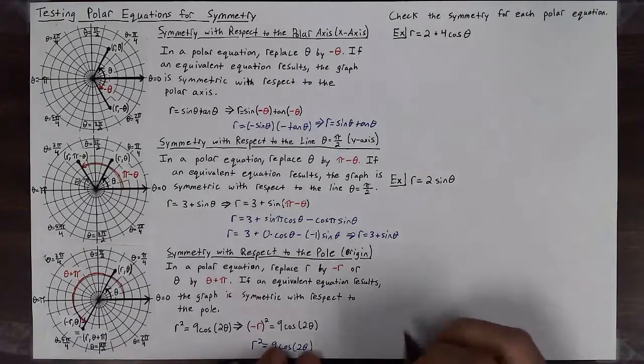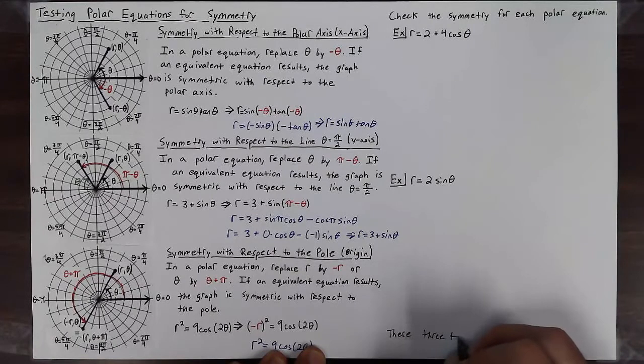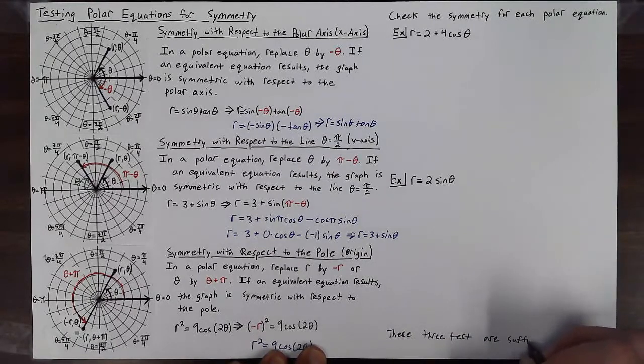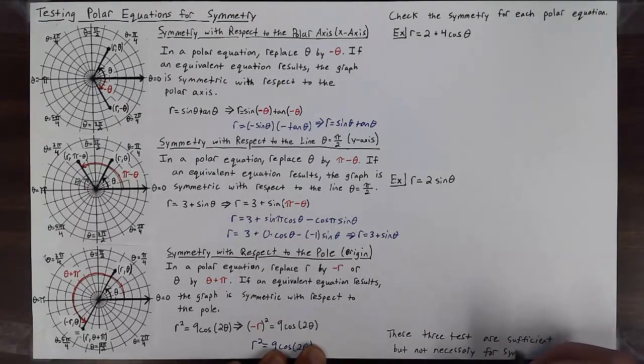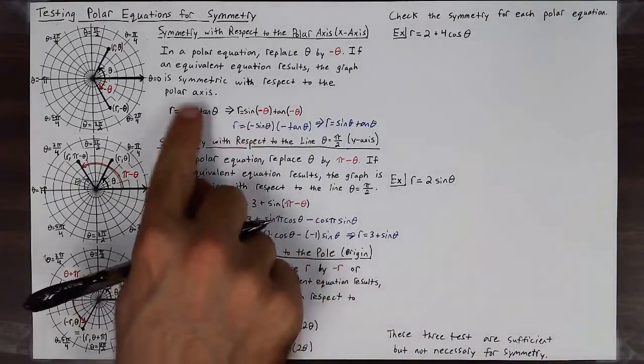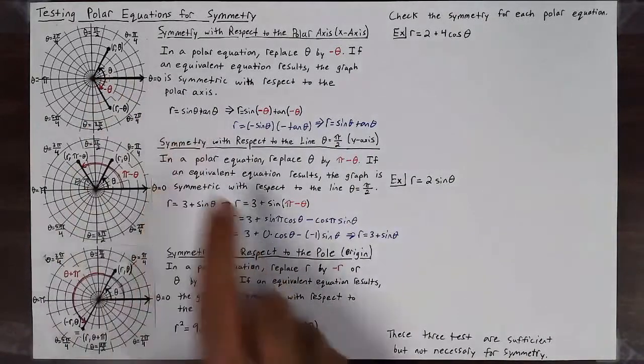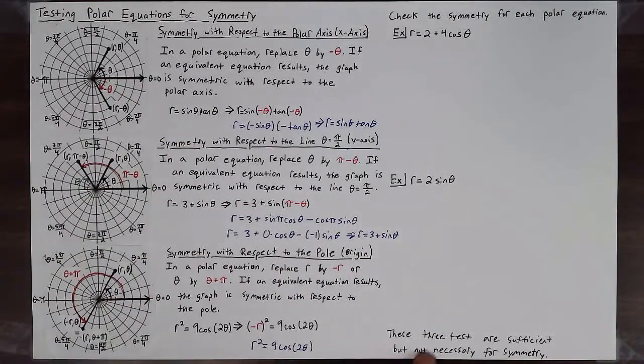So these 3 tests are sufficient but not necessary for symmetry, which just means that if it does pass, then it definitely is symmetric. If it doesn't pass, that doesn't mean it's not symmetric. You may just have to graph to find out. But we're going to check for symmetry using these tests.